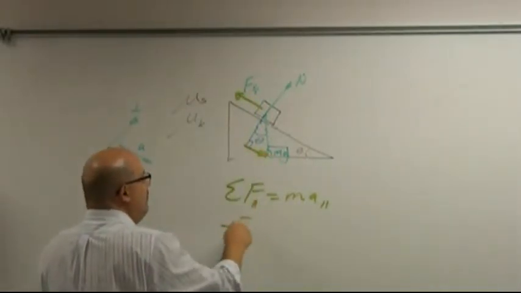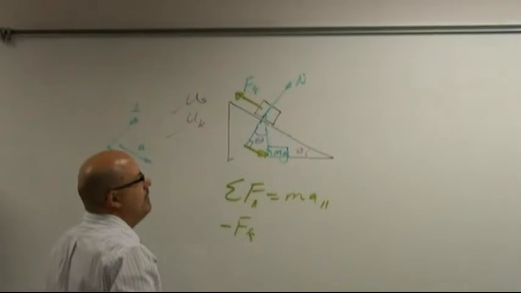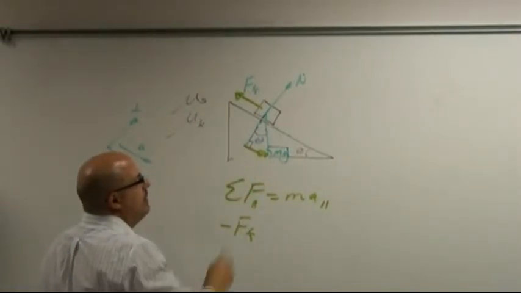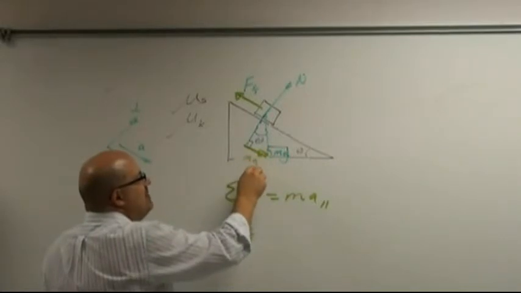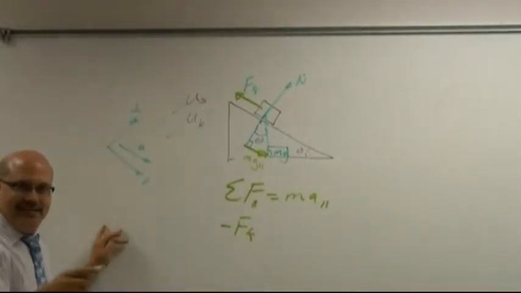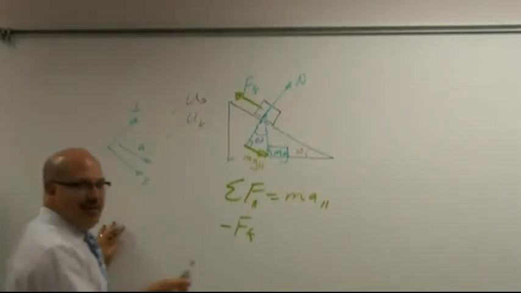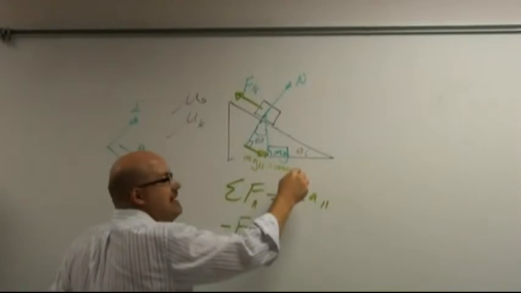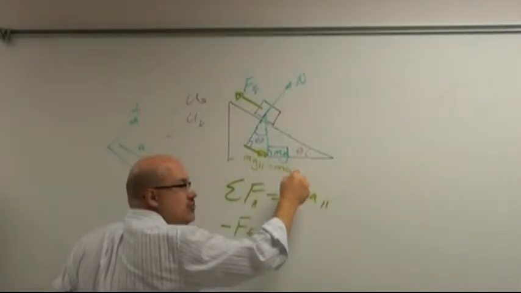Negative. Negative force of friction. What else we got? That one. Well, what do we call that one? That's the component of mg parallel to the plane. Not x, it's not x. We defined it as parallel.